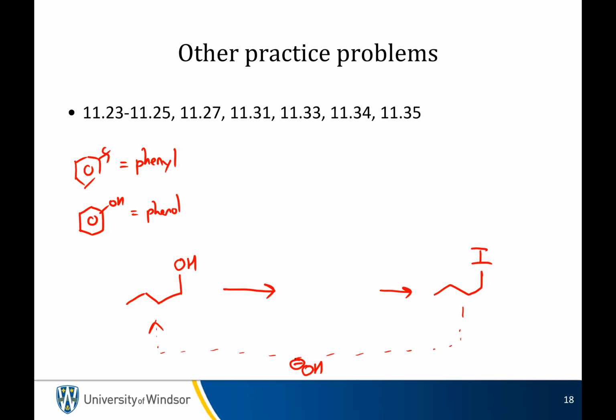So what we need to do is find a way to make the OH into a good leaving group. And what we're going to do is we're going to cheat. I'll stick with this one.